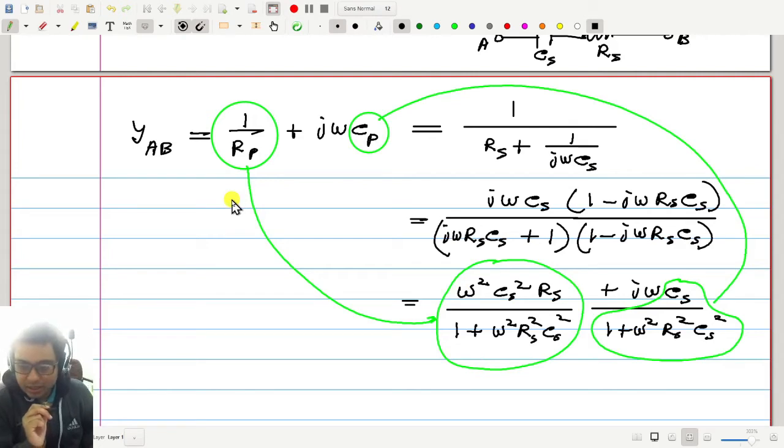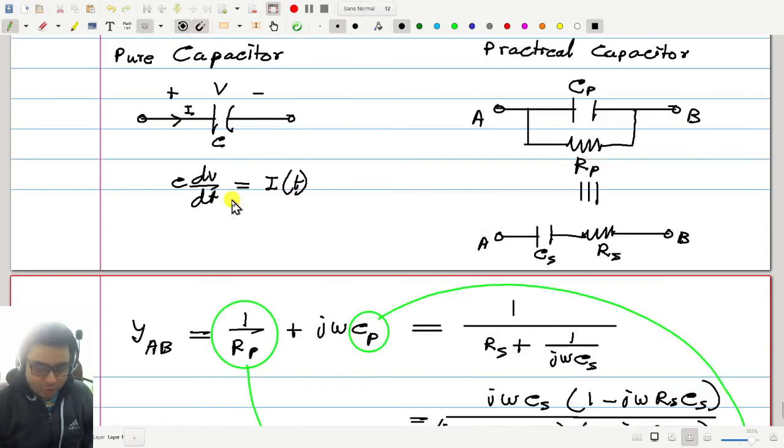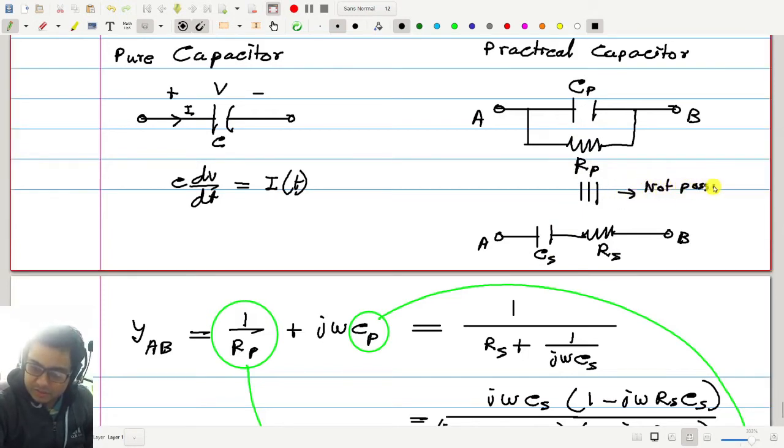Now if omega is 0, then we will not be able to find a CS-RS pair as the equivalent of CP-RP. This will not be possible for omega equal to 0.